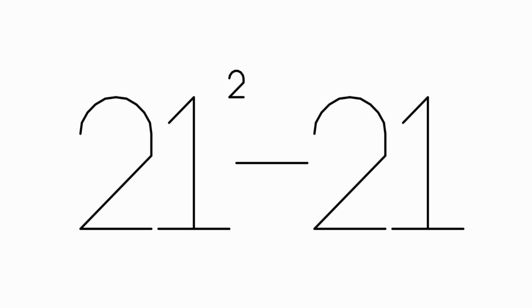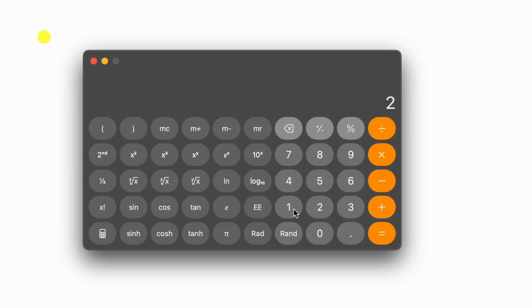Now, I have heard that if you take away 21 from the square of 21, you get 420. This is our second meme number, and it's a reference to drugs, specifically marijuana, cannabis, weed, whatever you want to call it.